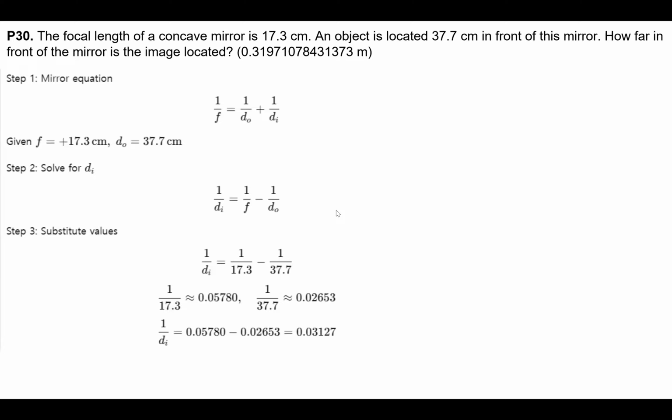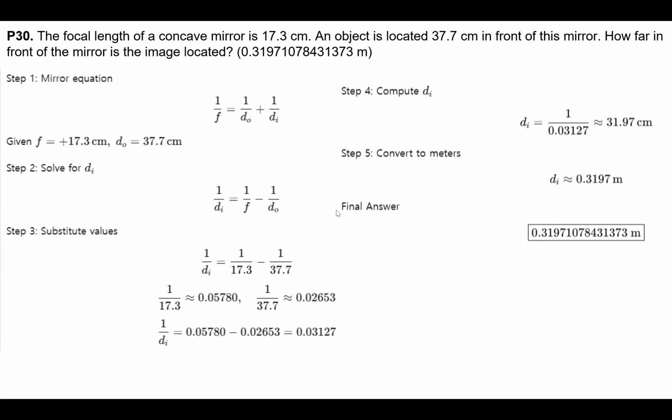Once again, the mirror equation and the lens equation are identical. F is given, the object distance is given, then you can find DI like this, and from this we get DI, the image distance. It's a very direct application of the mirror equation.